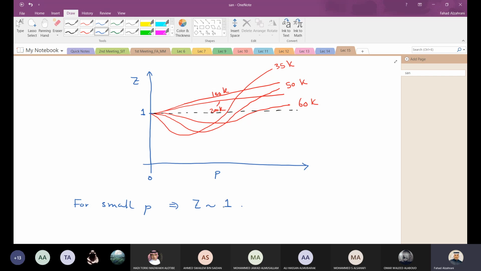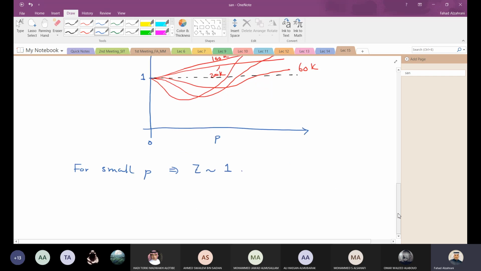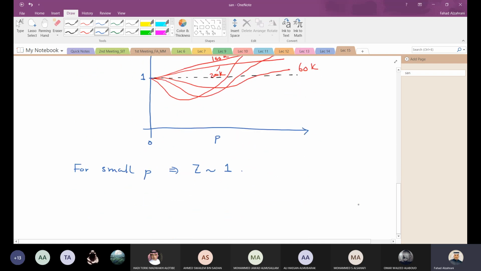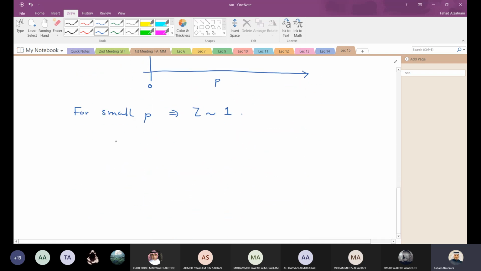Okay, if Z is close to 1, what's the result, guys? Let's go back to this relationship. Remember, guys, this is an equation relating the properties of the gases. This compressibility factor relates the pressure, the volume, the temperature, the gas constant, and the Z. So this is a relationship between the properties of the gases.